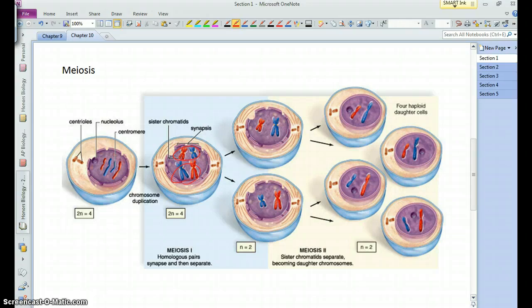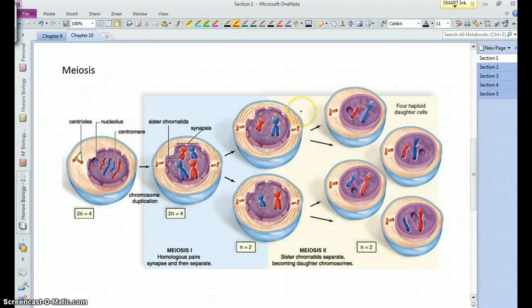And so after anaphase of meiosis, we'll see that the homologous pairs are separated, not the chromatids, so that after the first division, you'll notice we started with 4 chromosomes. Here we have 4 duplicated chromosomes, but after the first division, we have a cell that has 2 chromosomes and another with 2.